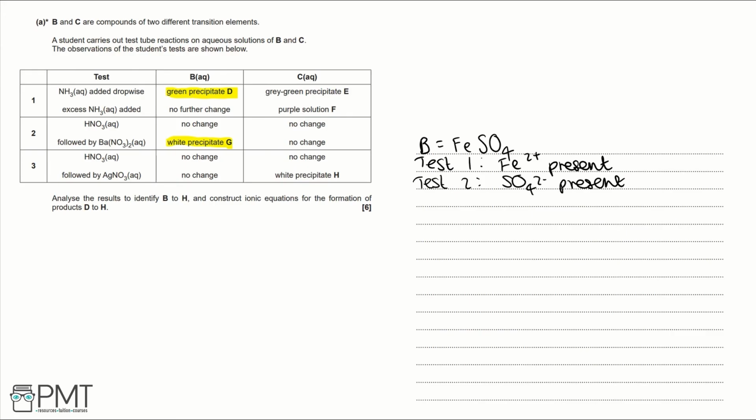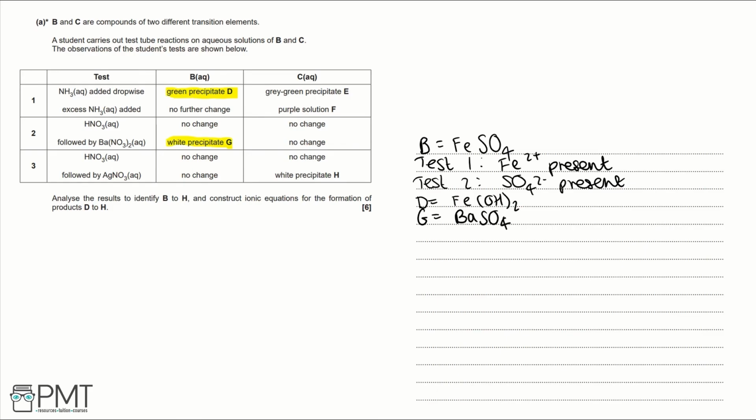Then we can start thinking about what precipitates D and G are. D is Fe(OH)2, or iron hydroxide, and G is barium sulfate.